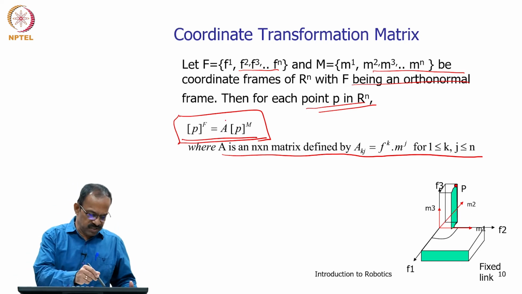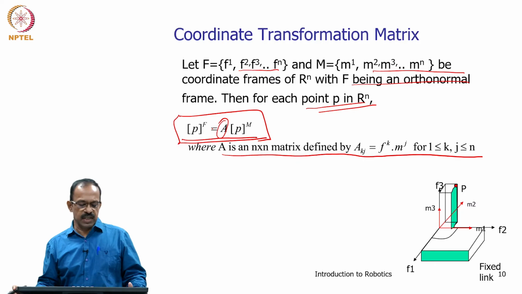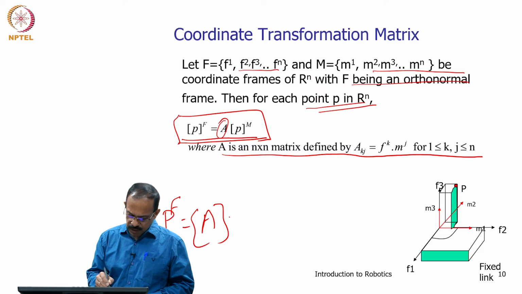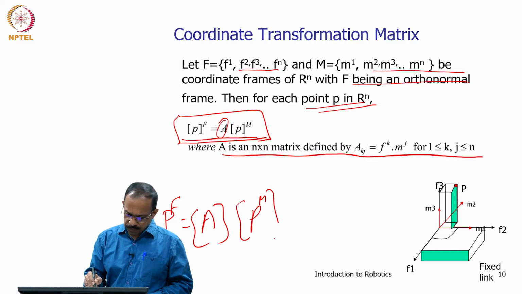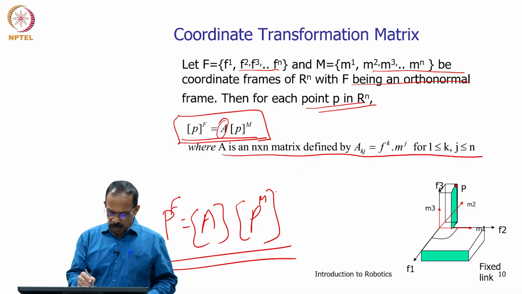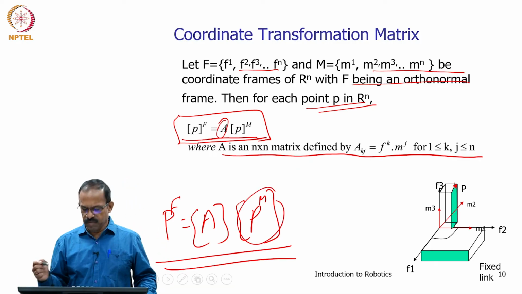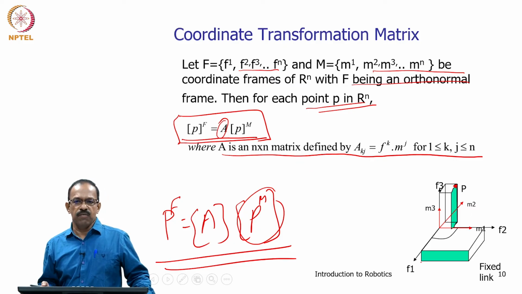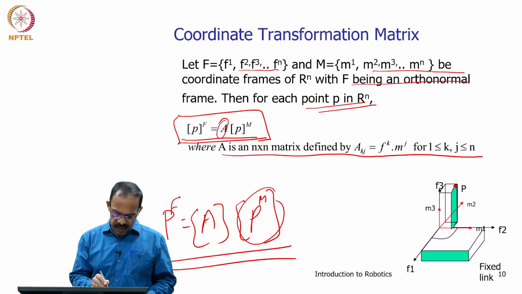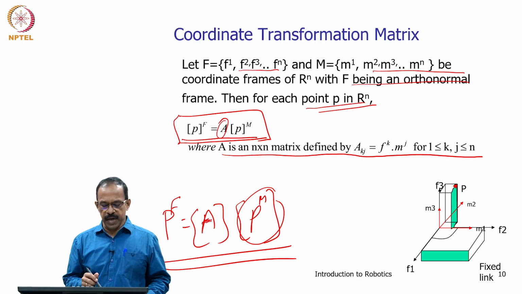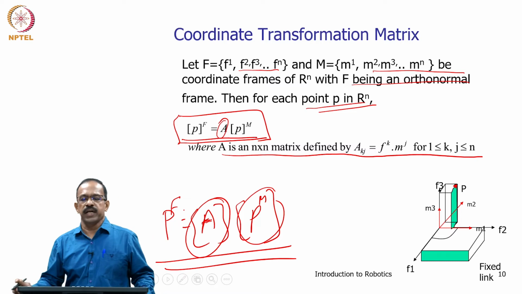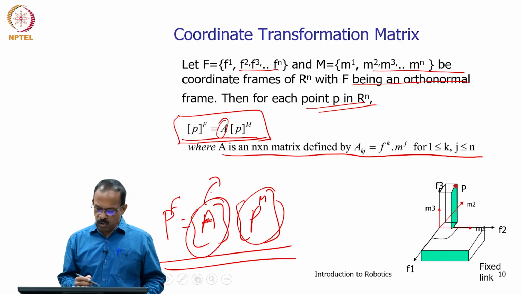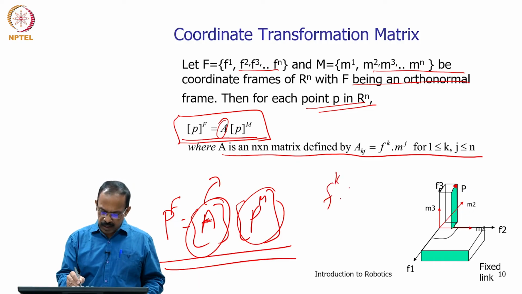This A is known as the coordinate transformation matrix. If we know Pm, the point P with respect to the mobile frame, then the point P with respect to the fixed frame can always be represented using this relationship, A multiplied by Pm, where the elements of this transformation matrix can be obtained as Fk dot Mj.